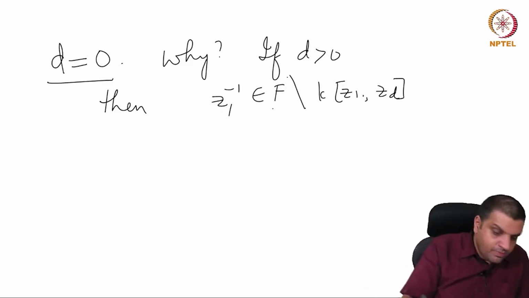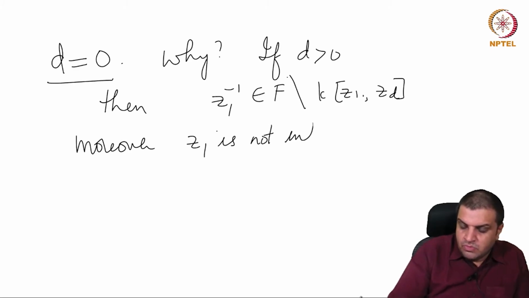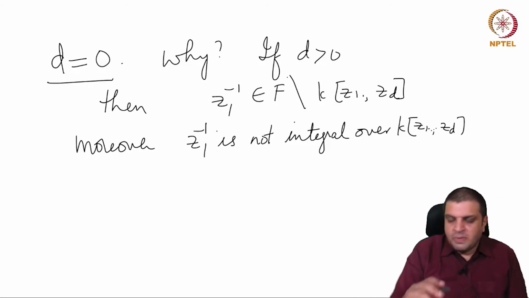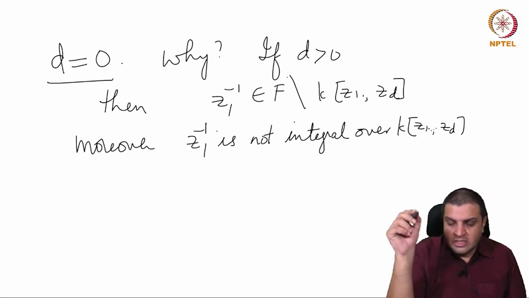And moreover, z1 inverse is not integral over K[z1 through zd]. So it goes back to the argument as we did for integers and rationals.